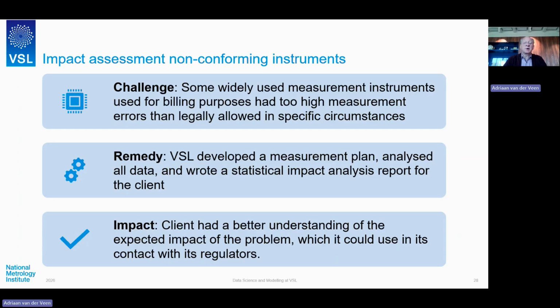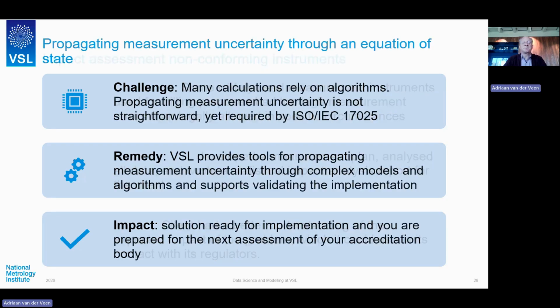We developed a measurement plan, analyzed the data, and wrote a statistical impact analysis report for the client, so that the client had a better understanding of the problem, which could be used in contact with the regulators to address the problem, and also to estimate the impact of the non-conforming instruments.